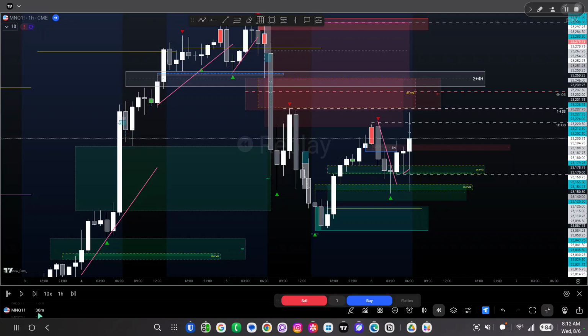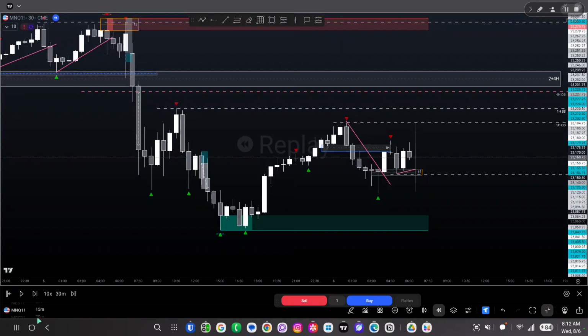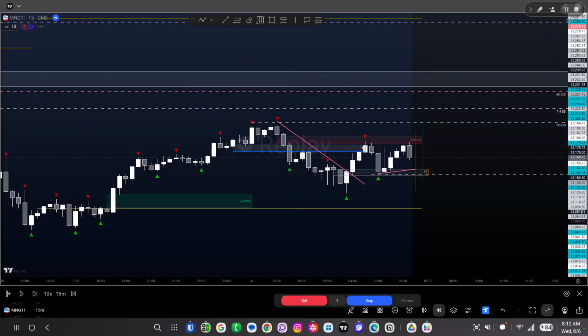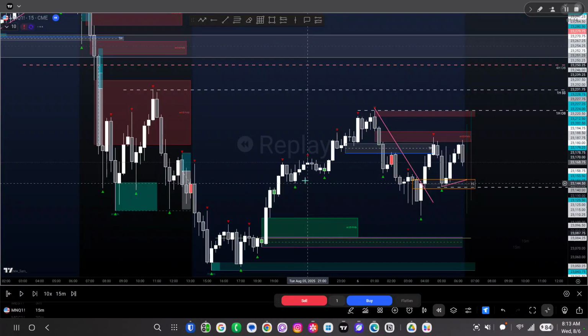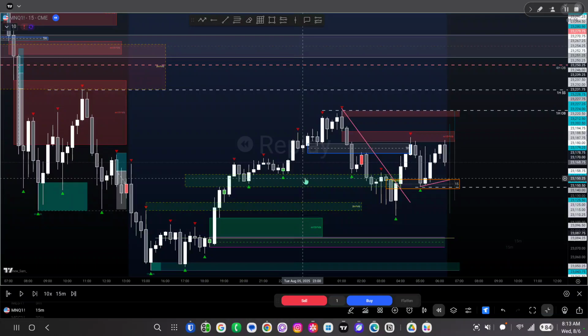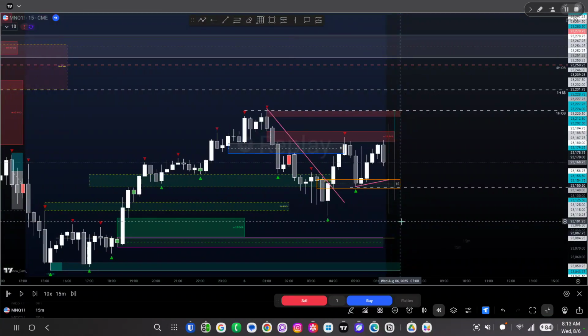So as you go lower, I think what I'm seeing now is the significance of drawing trend lines for the 15 on what might have happened overnight. And I'm learning that overnight, if there's a 15-minute trend line break, price is going to react to it in the morning.